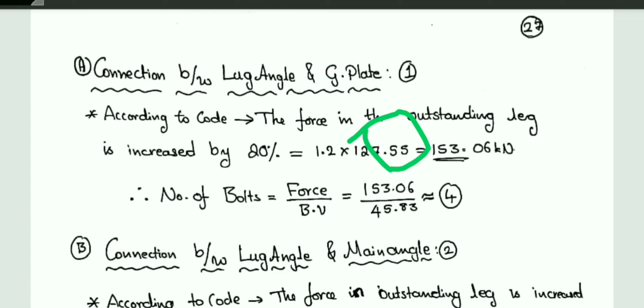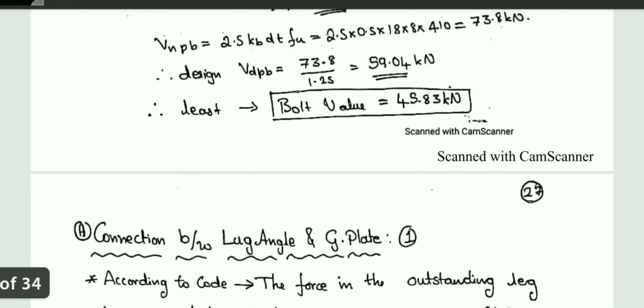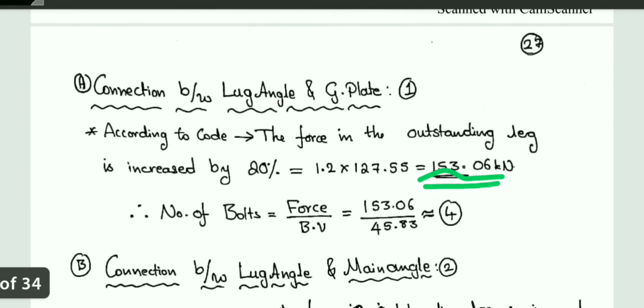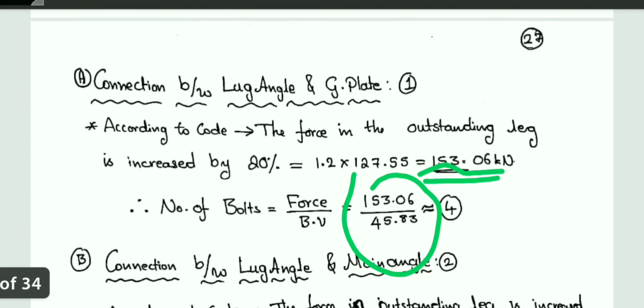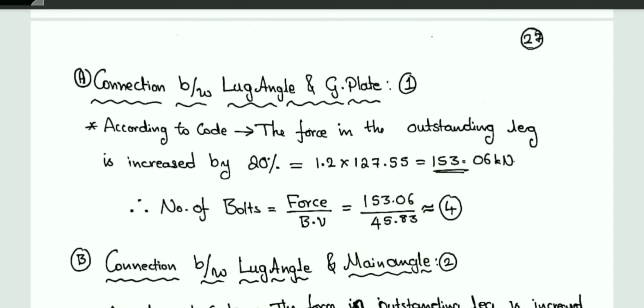Increasing 20% means multiply by 1.2, you will get 153. Bolt value is 45. Force divided by bolt value, you are getting the number of bolts as 4.